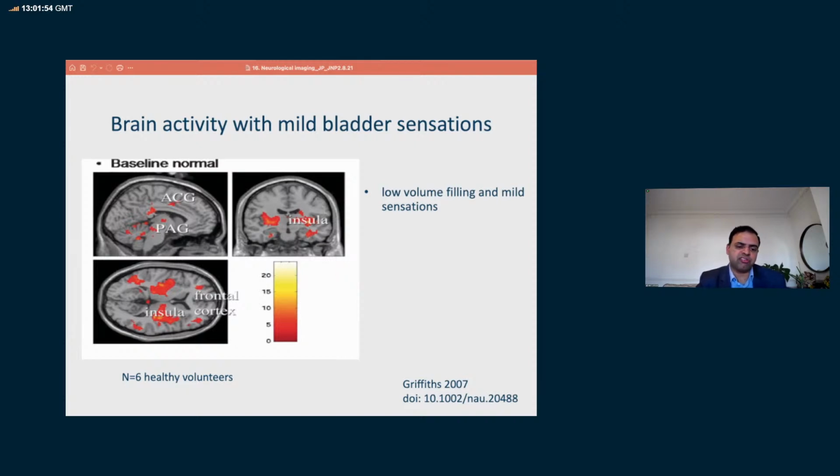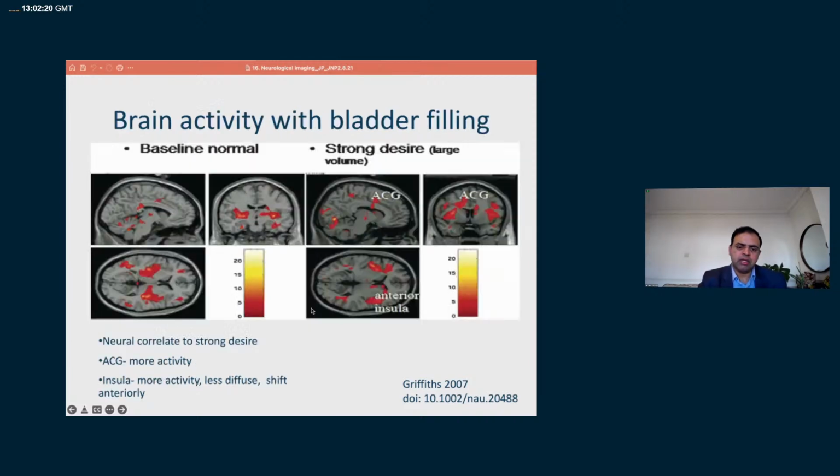In a small cohort of healthy elderly women undergoing an fMRI study with an infusion and drainage paradigm at low volume filling and mild sensations, there were consistently areas activated in the anterior cingulate cortex, the insula, as you can see here, and also in the periaqueductal grey.